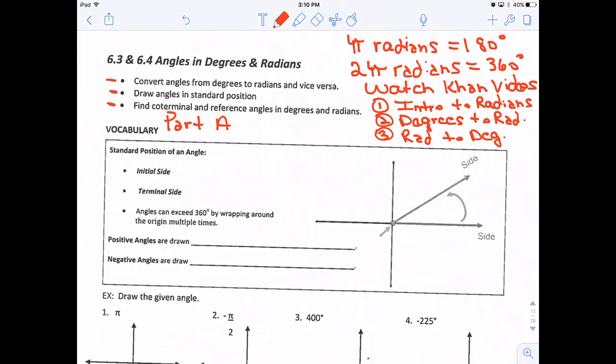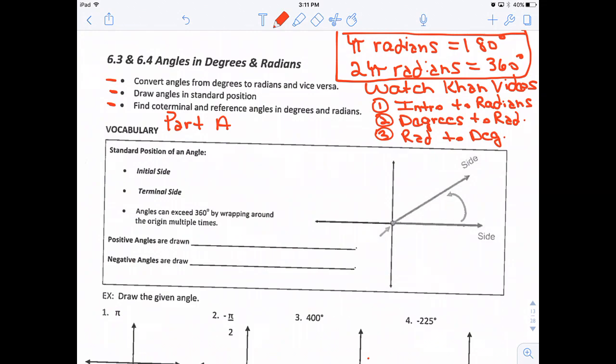So at this point I would pause this video, go watch those three, and then come back, because I'm going to assume that you have some experience or understanding of what a radian is, more so than just this conversion right here. I'm still going to use them, but I'm not going to explain them nearly as well as the Khan videos do. So, with that said, pause me.